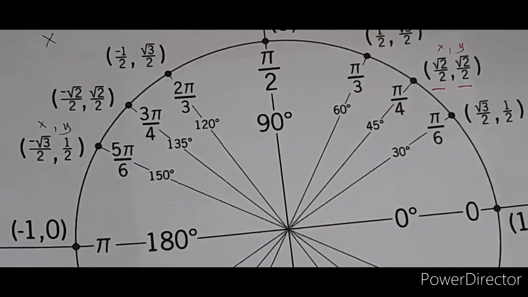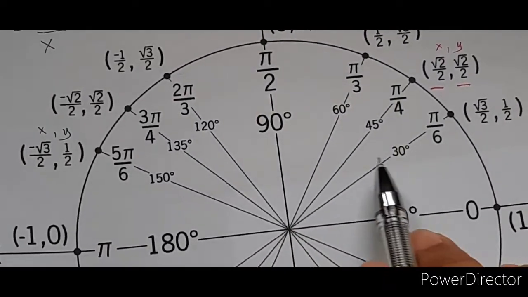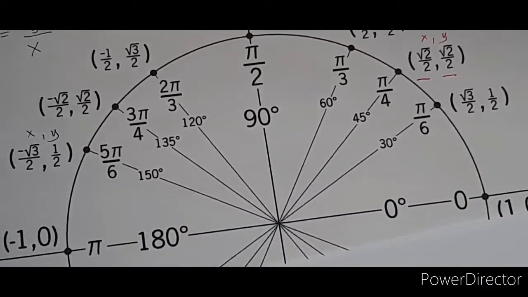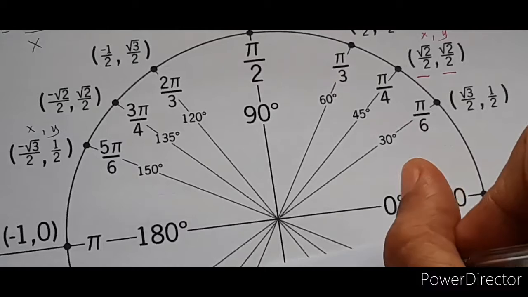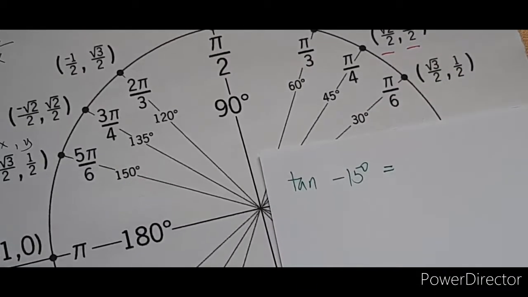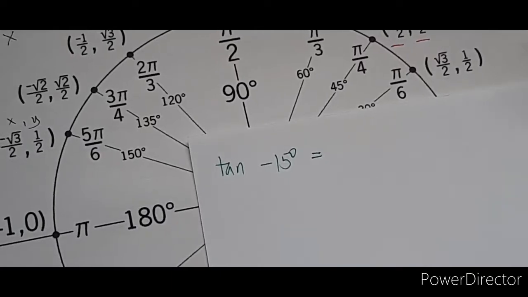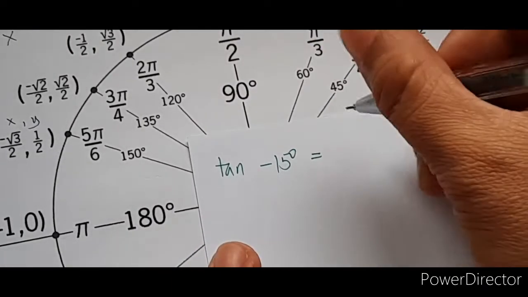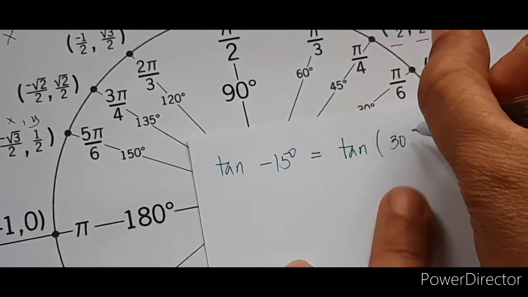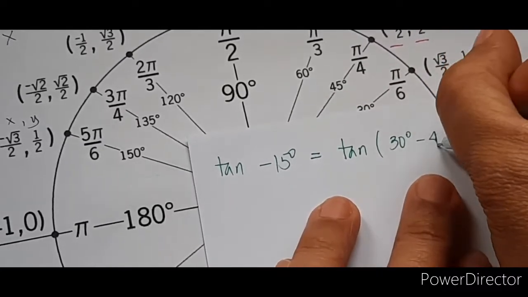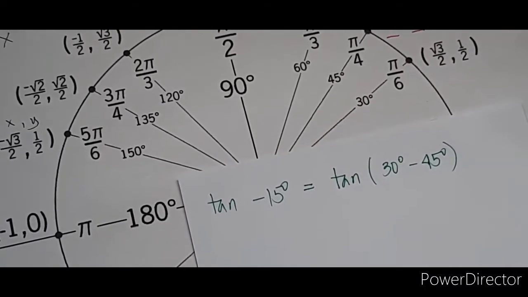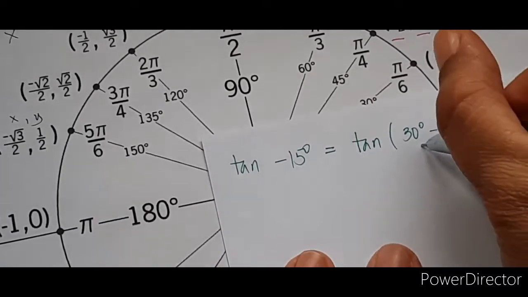But then, 30 minus 45 is equal to negative 15. Ayan. So, we can rewrite this as tangent 30 degrees minus 45 degrees. Okay? And then, the next thing that we are going to do, so this is our x and y.